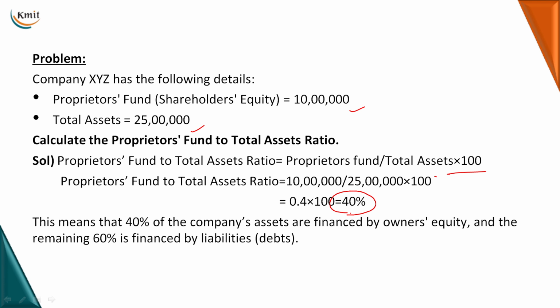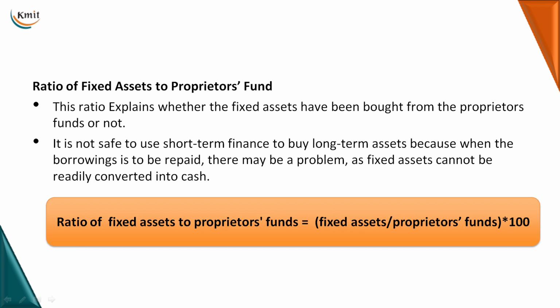The resulting value is 40%. This means that 40% of the company's assets are financed by the owner's equity, and the remaining 60% is financed by debts or borrowings from outside borrowers.